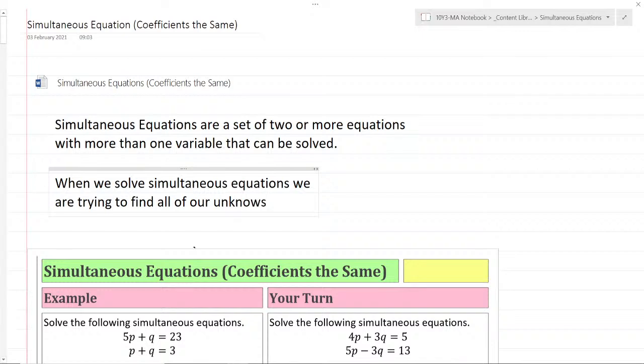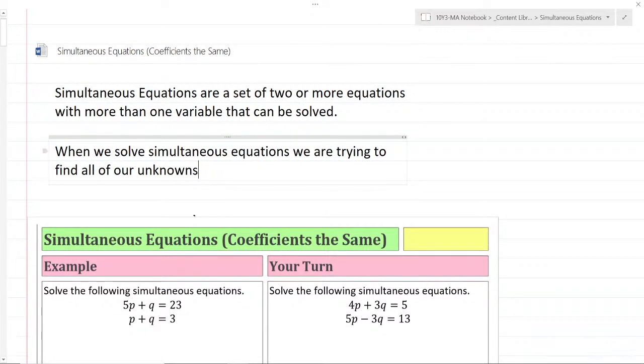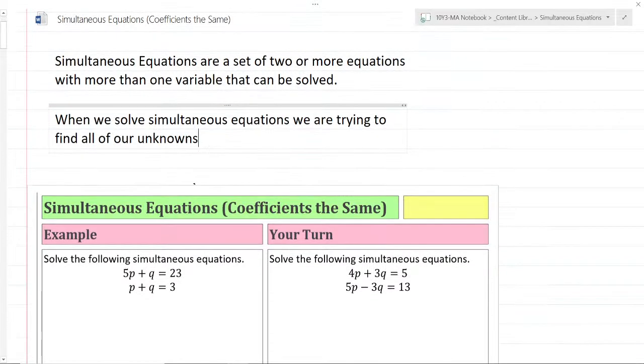When we solve simultaneous equations, we're trying to find all of our unknowns. So here, with this one down here, we'll be trying to find P and Q.